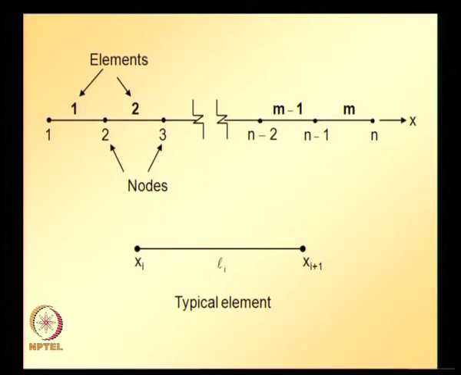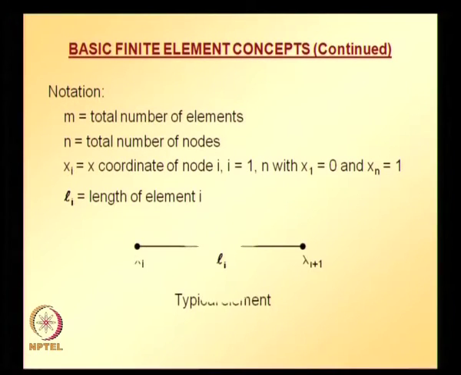Let us see the various quantities in this figure. m is the total number of elements, n is the total number of nodes, xi is the x coordinate of node i, i takes values from 1 to n, x1 coincides with x equal to 0, xn coincides with x equal to 1, and Li is the length of element i. This is the typical element reproduced again.